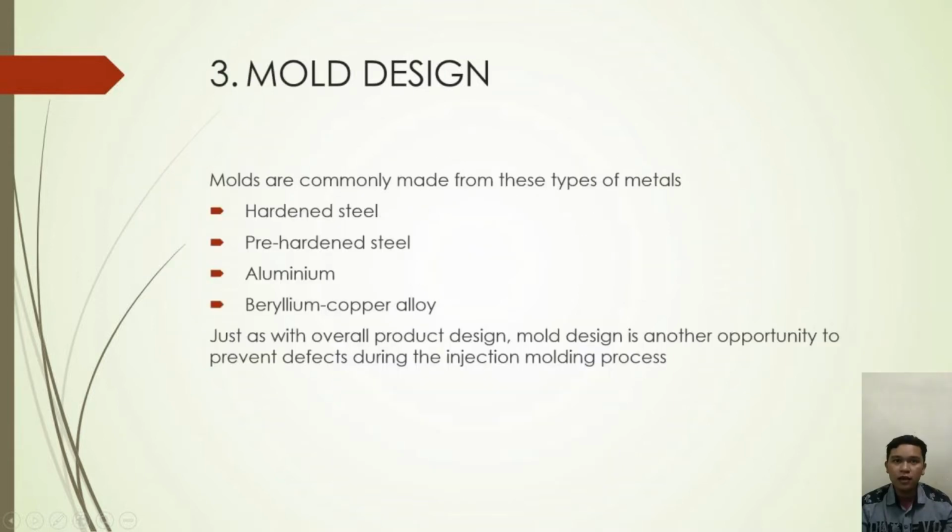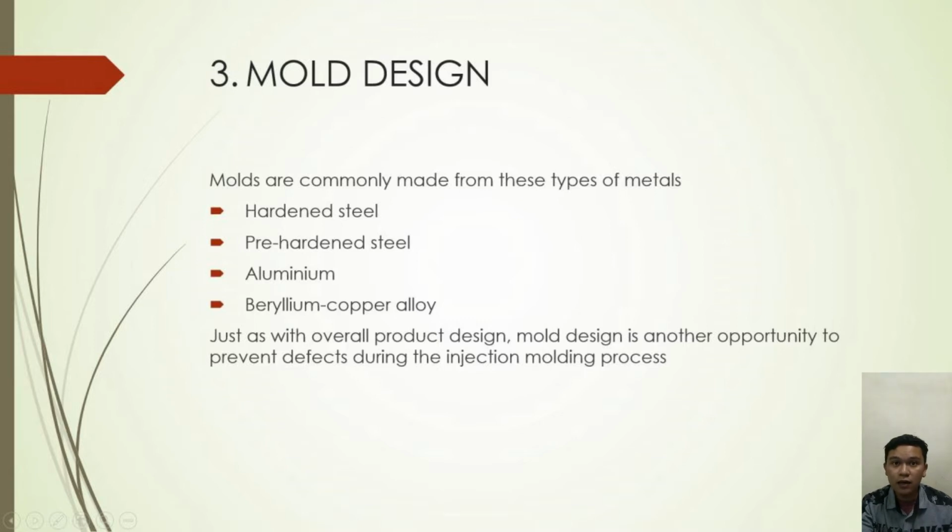Mold design. Molds are commonly made from this type of metal, hardened steel, typically the most expensive material to use for a mold and generally the longest lasting. This makes hardened steel a good material choice for products where multiple hundreds of thousands are to be produced. Pre-hardened steel does not last as long as hardened steel and is less expensive to create.